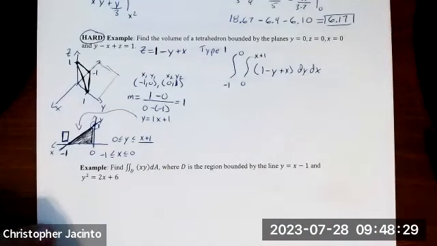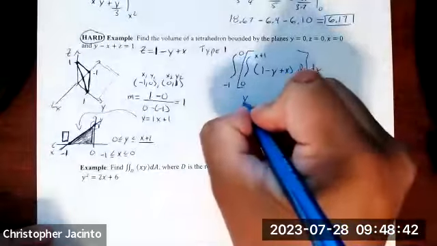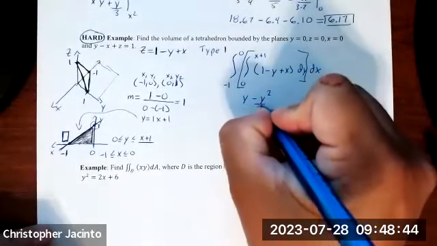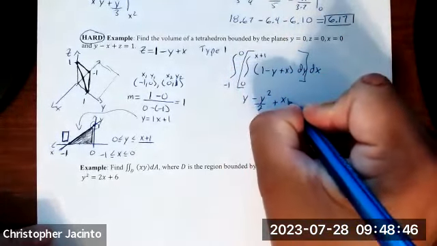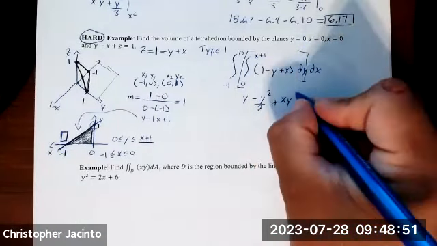All right, so integrating with respect to y, same format, right? Nothing really changes there. So integrate with respect to y: y minus y squared over 2 plus yx, evaluated at 0 and x plus 1.